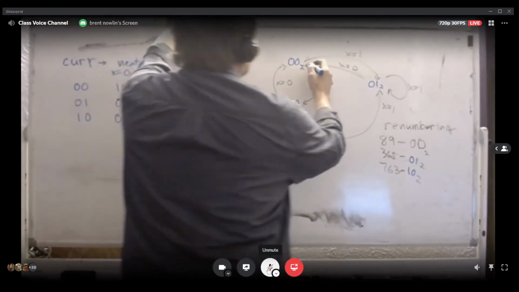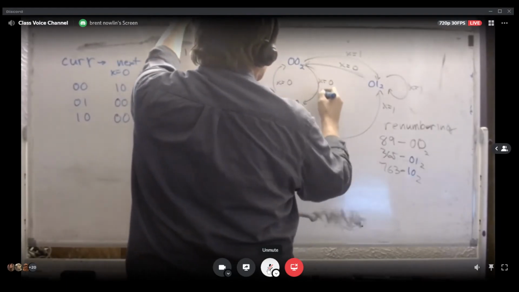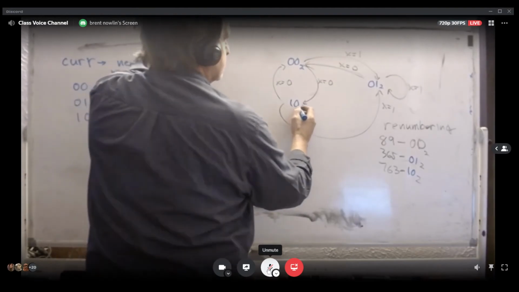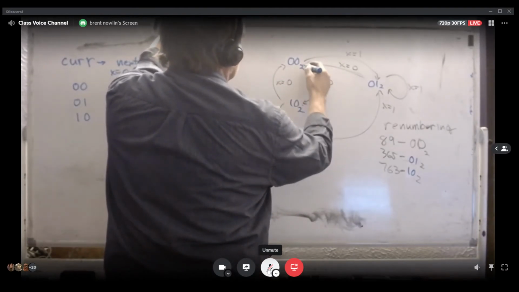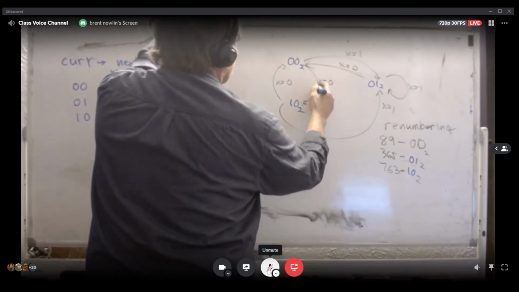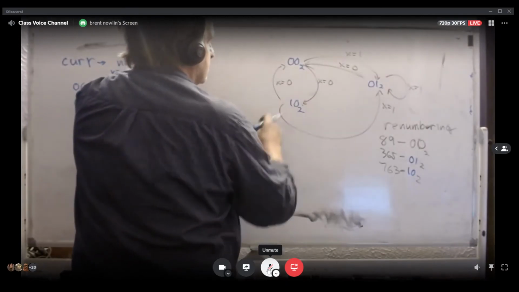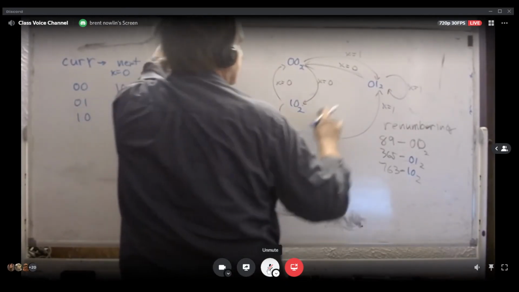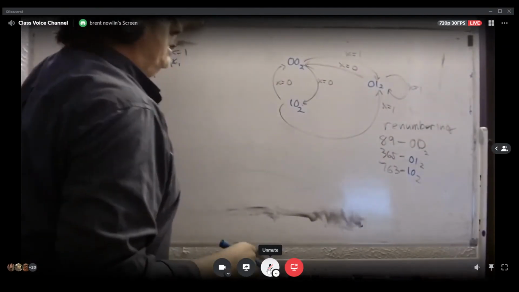And if we go by x equals 0, if we're in state 0, 0, and x equals 0, we travel along this. So we're literally just looking at the x, following the arrows. Yes. Let the arrows be your guide.